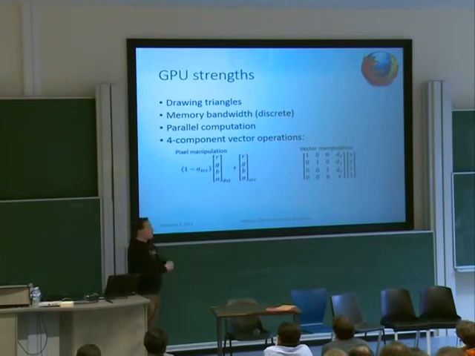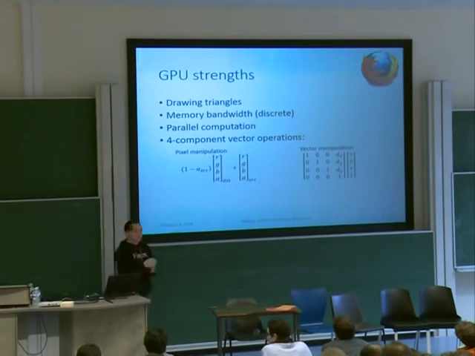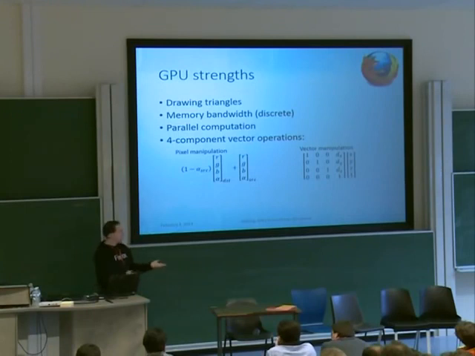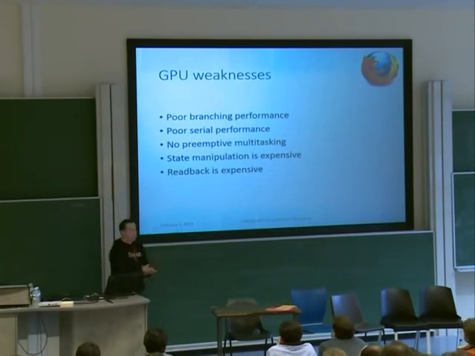So we can not only rotate vectors about, we can also move them in the plane, because we're actually talking points and not vectors. So this matrix multiplication you're seeing here is basically 4 dot products of 2 4-component vectors. So this is basically all that they're doing, and that's why they're really, really good at it. So we want to exploit that, because they have a bunch of weaknesses.